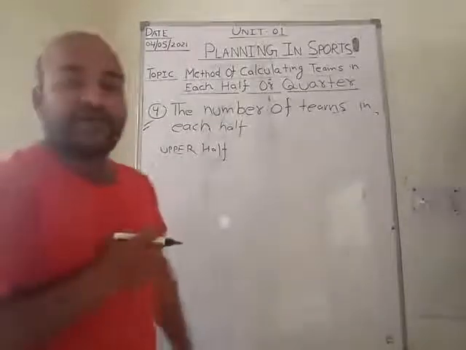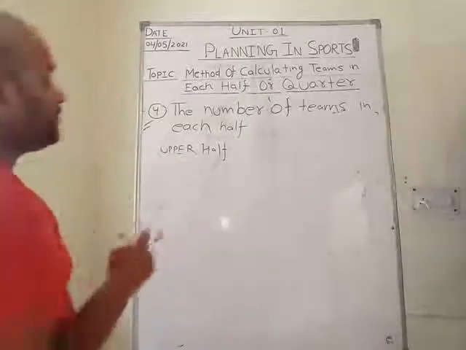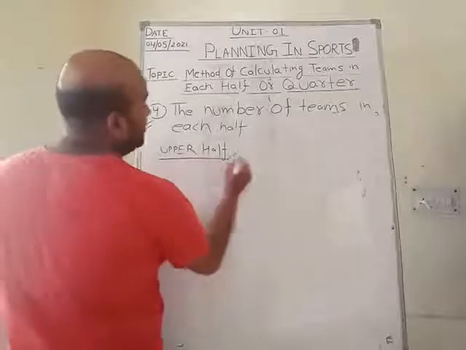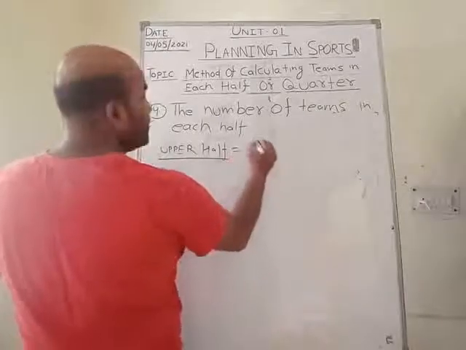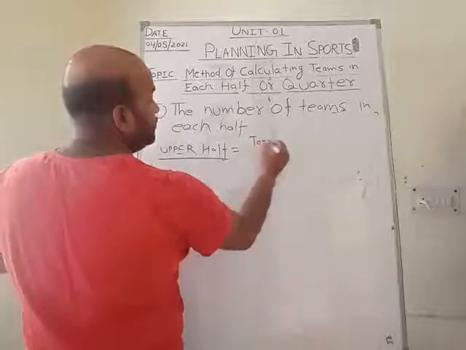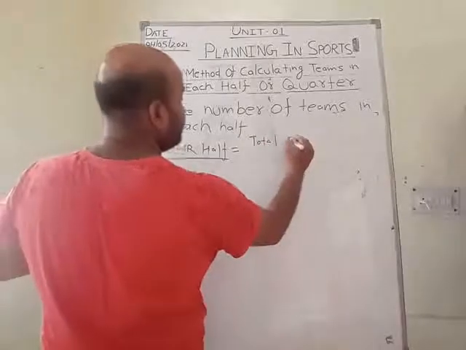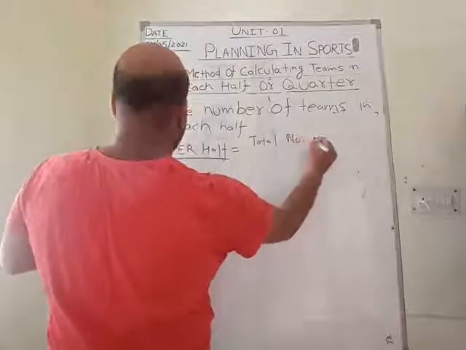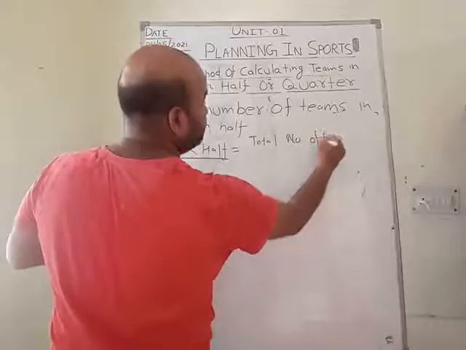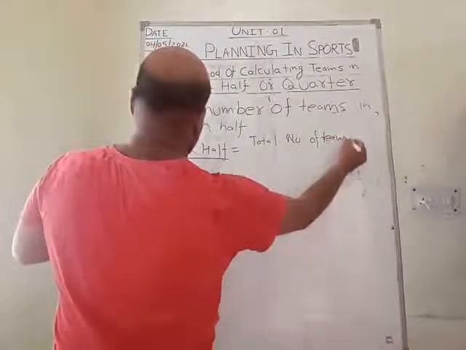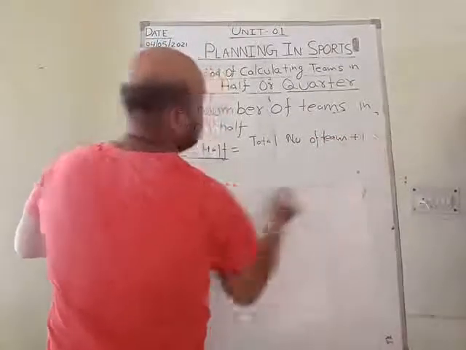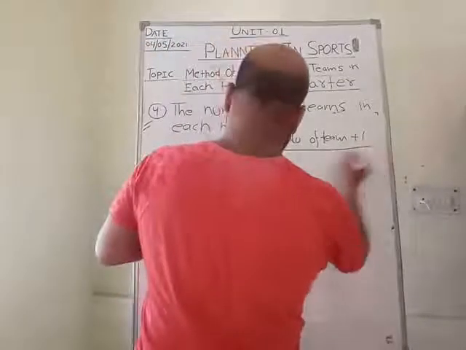I will give the formula for the upper half and lower half. Upper half formula equals total number of teams plus 1 upon 2.